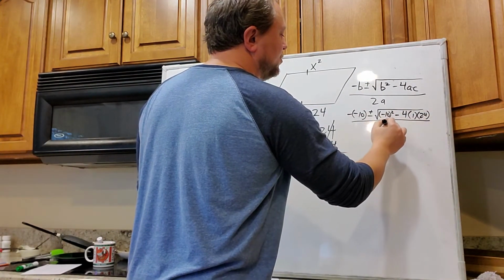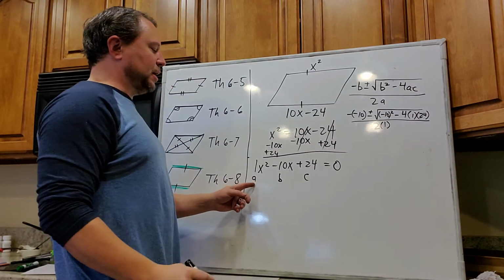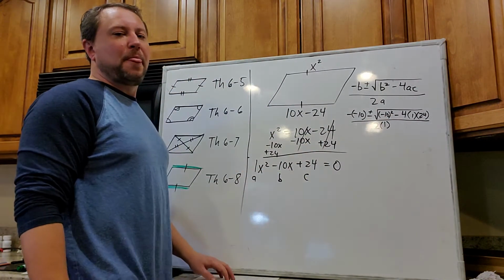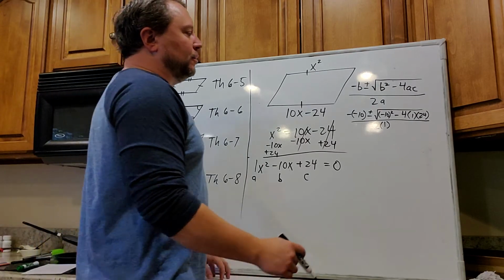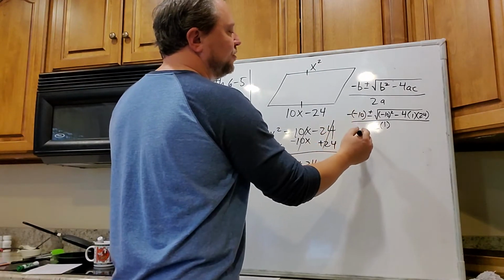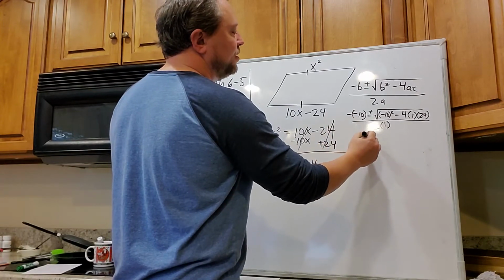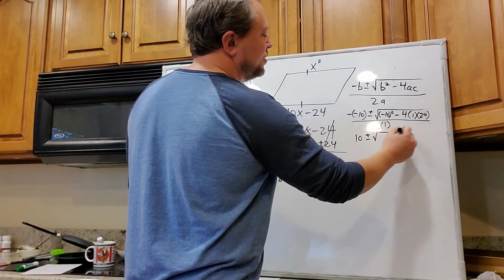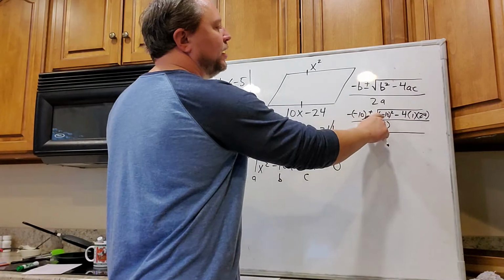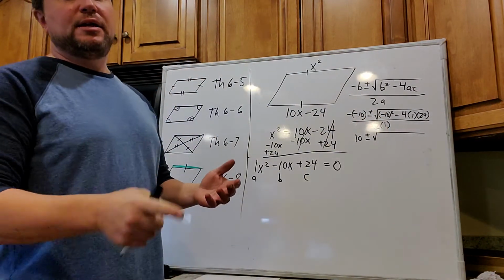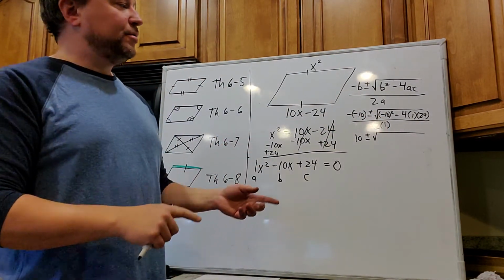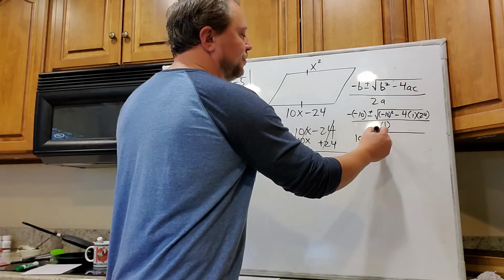All over 2 times 1, because a again was 1. A double negative means it's a positive, so that becomes positive 10, plus or minus the square root of. Now, negative 10 squared: negative times a negative is positive, and 10 times 10 is 100.